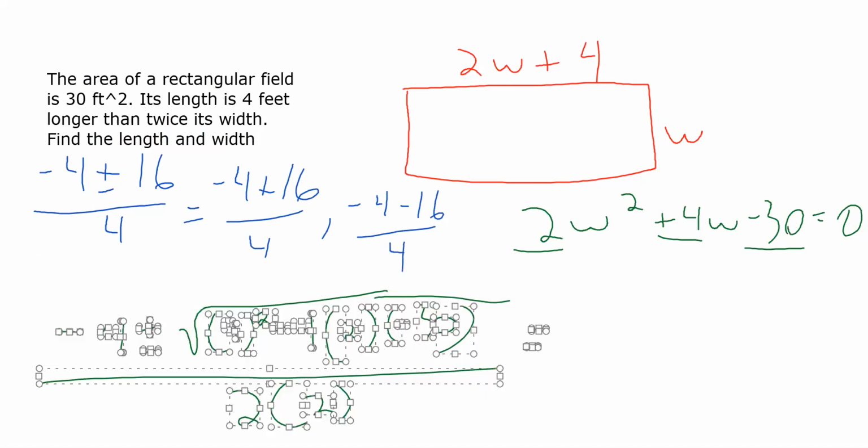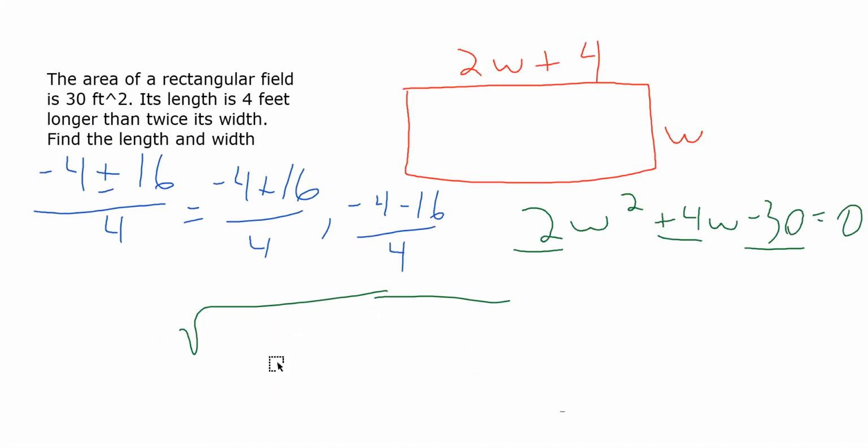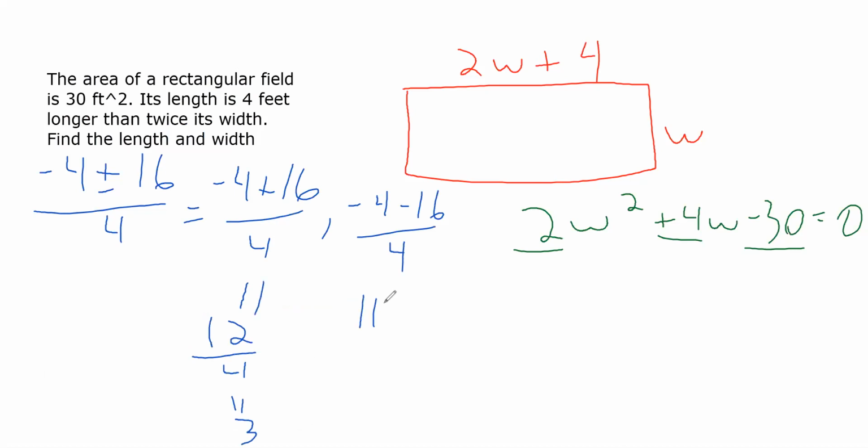Okay, let's deal with those. This one, negative 4 plus 16 is the same as 16 minus 4, which is 12. Then we divide by 4 and we get 3. Over here, negative 4 minus 16 is negative 20. Then we divide by 4 and that gives us negative 5.